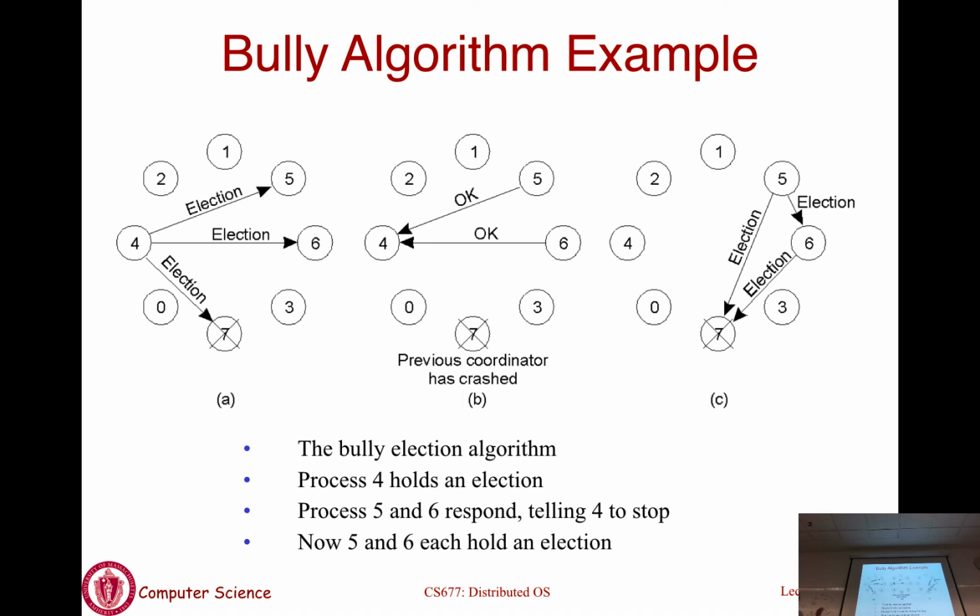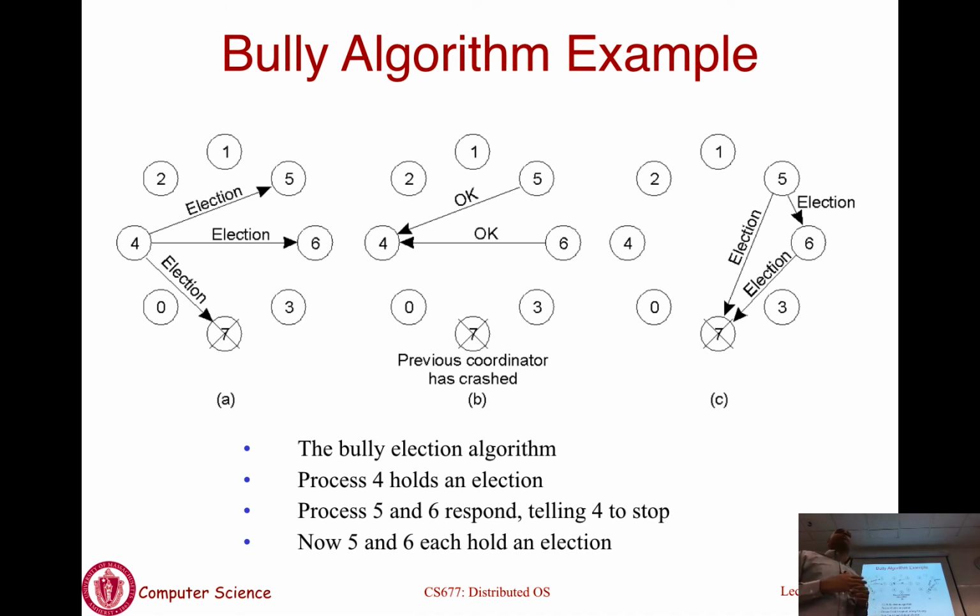Any processes with IDs lower than it are not even involved in the election. So 4 does not have to involve 1, 2, 3, and 0, because it already has a higher process ID than those. Either it will win or some process higher than it will win. But if 1 started the election, then each node will have to participate.